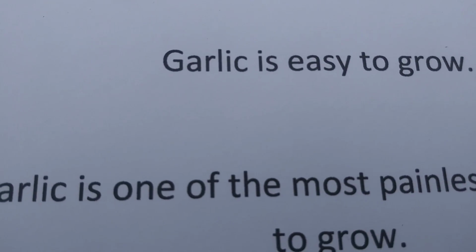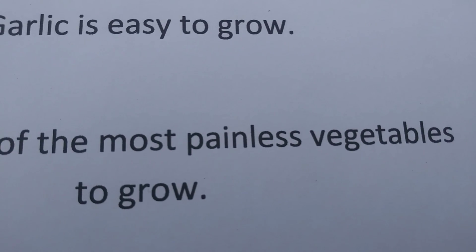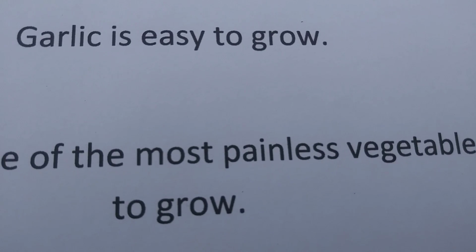Okay, that's kind of boring and simple. So let's expand it and add some of the things that we've been learning about to make it a little more interesting. Instead of saying garlic is easy to grow, you could say garlic is one of the most painless vegetables to grow. Most painless is pretty easy if it doesn't cause you any pain.